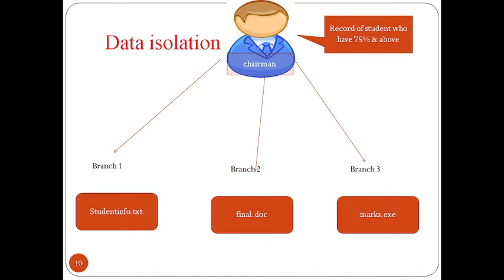To process it further or use that data for another application, he first needs to convert this different format data into a single format. Only then can he use this data for another application or to make decisions. This problem arises due to the file system, and it is called data isolation.